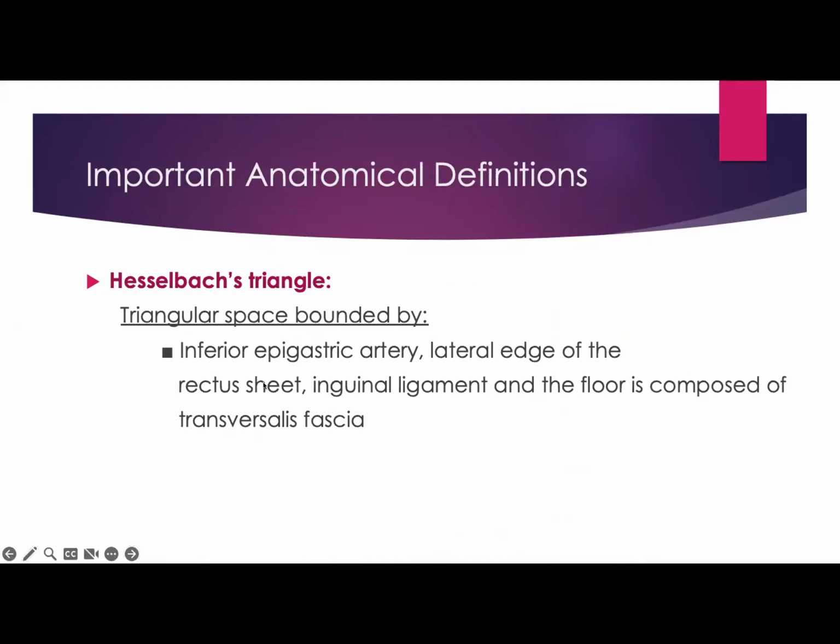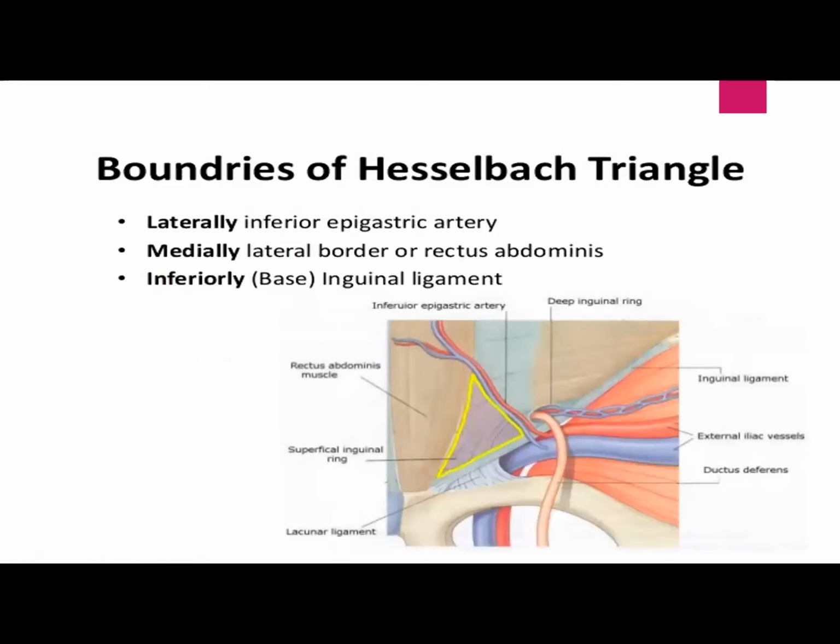Okay, going back to the Hasselbalch triangle. Before even talking about the Hasselbalch triangle, we have to understand the concept of the inferior epigastric vessels. So this is the inferior part of the abdominal wall.